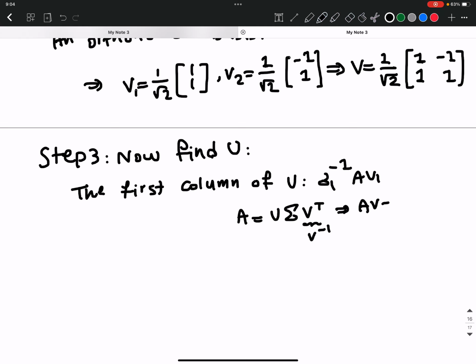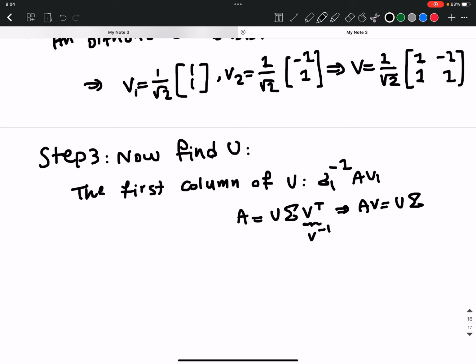I will get AV equals U sigma, right? Now I have this U sigma, so it is similar to an eigenvalue problem again.